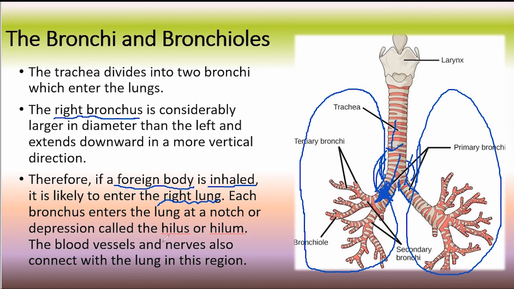That part we call the hilum. Hilum just means a kind of door. Bronchi go in, nerves go in, and blood vessels go in. So that's the bronchi and the bronchial tree.